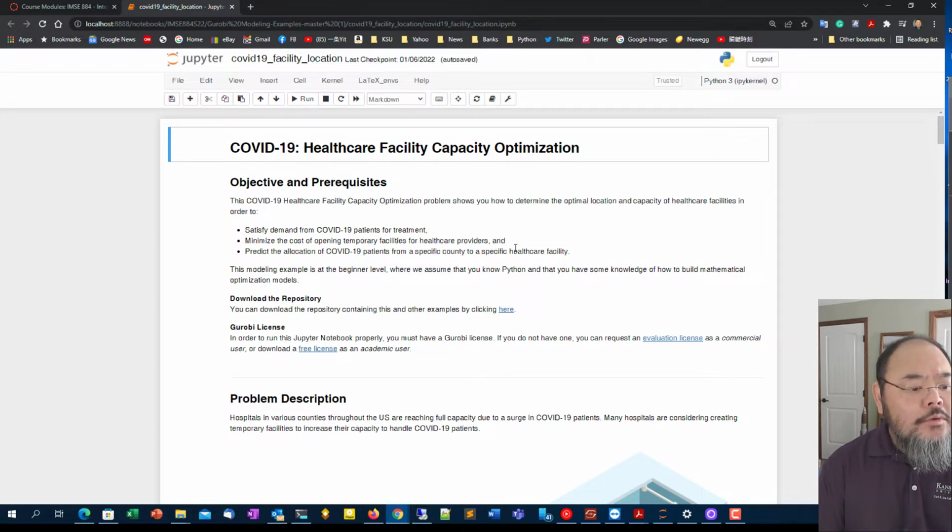In this problem we're trying to determine that the current hospital capacity may not be enough for the upcoming COVID epidemic in the next few periods.